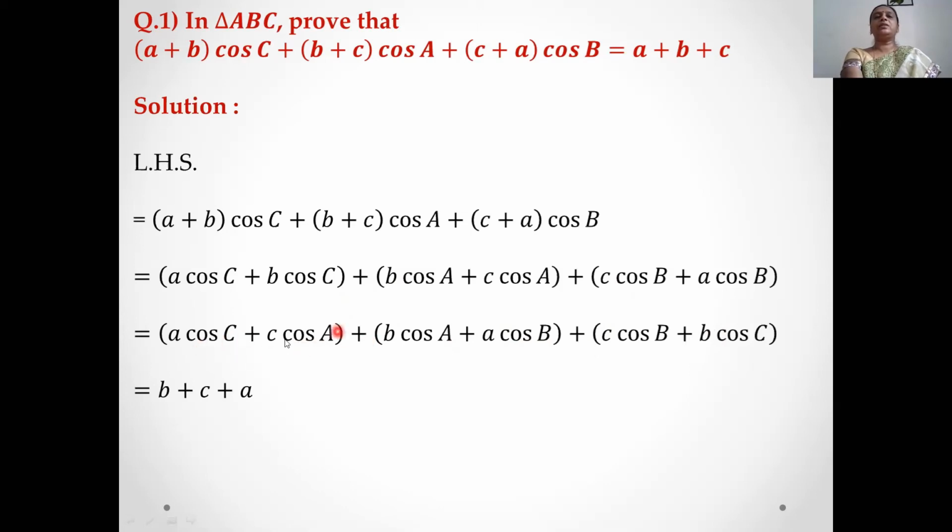This is b according to the projection rule: b = a cos C + c cos A. This is c: c = b cos A + a cos B, and this is a: a = c cos B + b cos C according to our projection rule. Therefore, keep the value of this as b, this as c, and this as a according to our projection rule. In the last step, you write this sequentially as a + b + c.